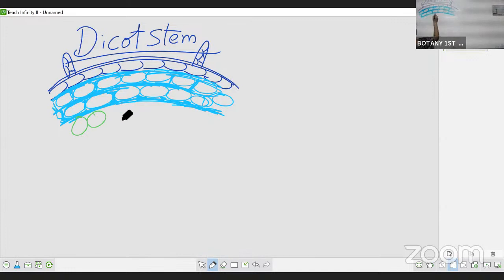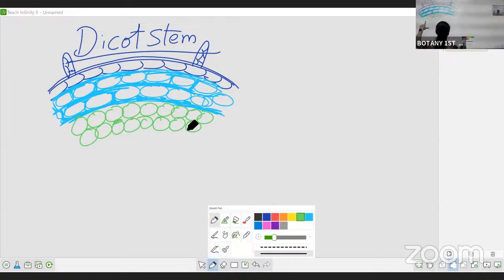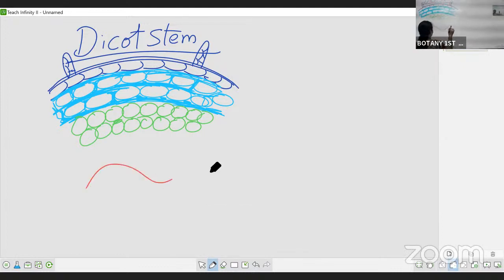All the cortex cells are simple parenchymatous spherical shaped cells placed with intercellular spaces, and the cortex has 6 to 8 rows of cells. Okay, and the last layer of the cortex is the endodermis, and the endodermis is wavy in nature.